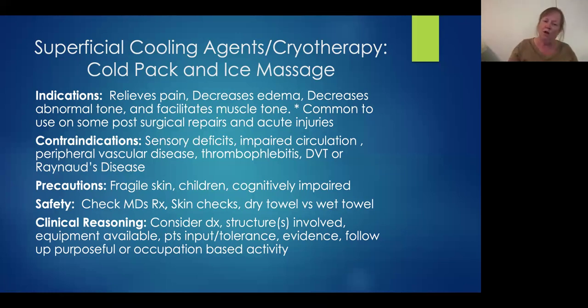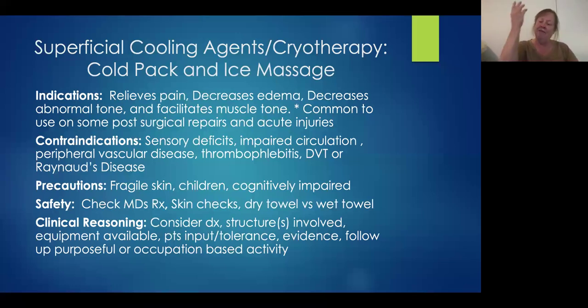Okay. Now, again, your clinical reasoning for why choose a cold pack or ice massage. Consider the diagnosis. Again, I just gave you an example. If somebody has a rotator cuff repair, I'm going to use a cold pack, okay? Or if they have Colles fracture and they've got a lot of pain and swelling, I'm going to elevate their hand and I'm going to use a cold pack, putting it on the dorsum of the hand and wrist.